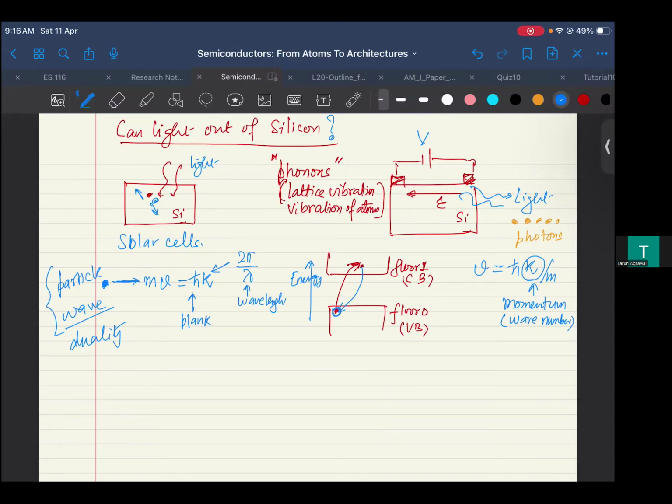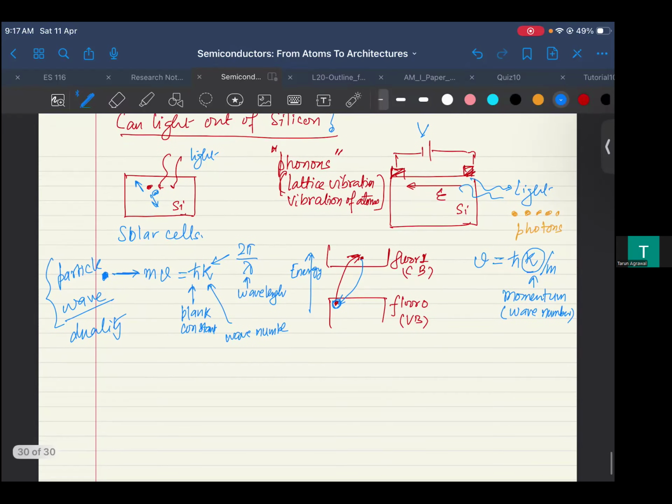That means it's a wave, which relates to the wave number, and the Planck constant puts these two dualities together. It's the same thing in particle space as in momentum space.